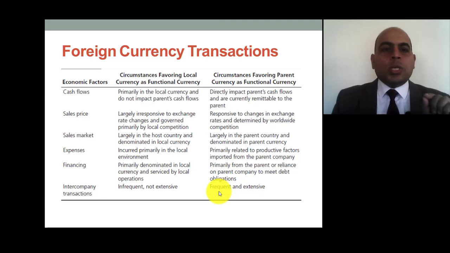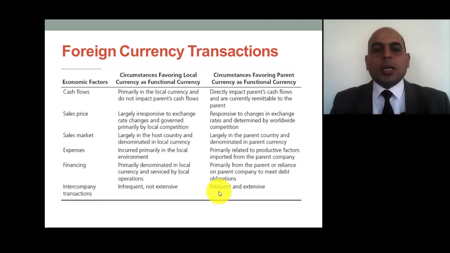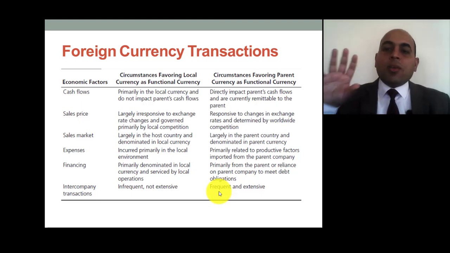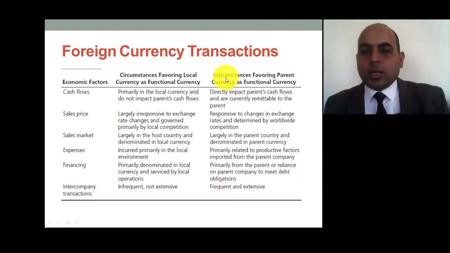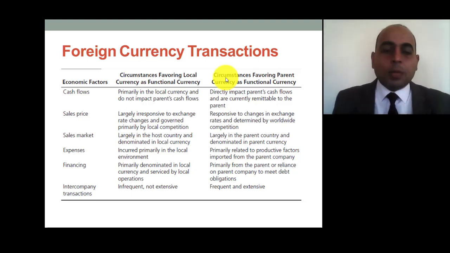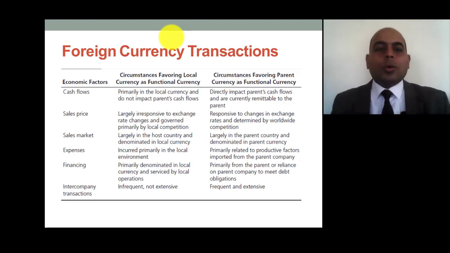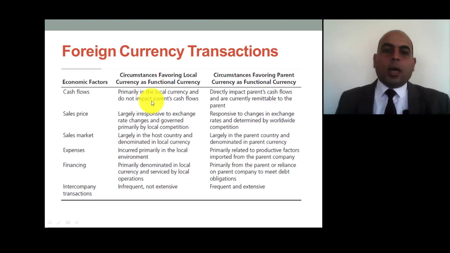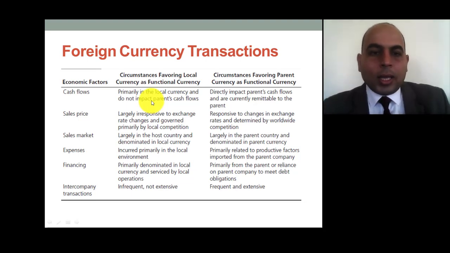Now let us move to see what are the factors or circumstances favoring local currency as functional currency and favoring parent currency as functional currency. Now, mostly in normal situation, the functional currency is the local currency, because most of the cash flow is in the local currency and does not impact parent's cash flow.